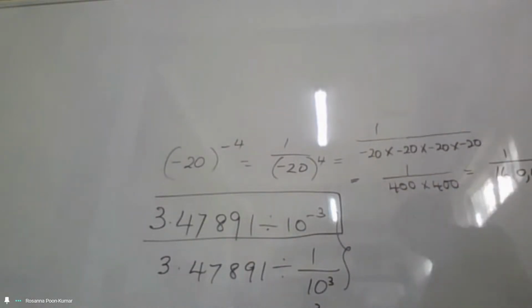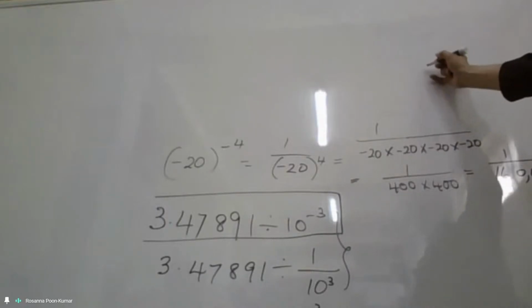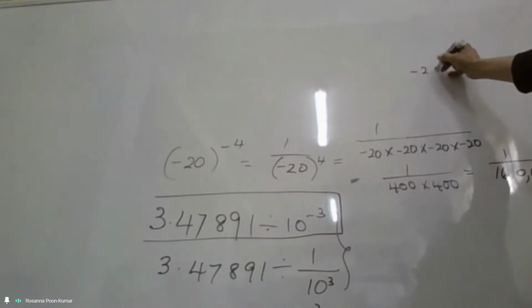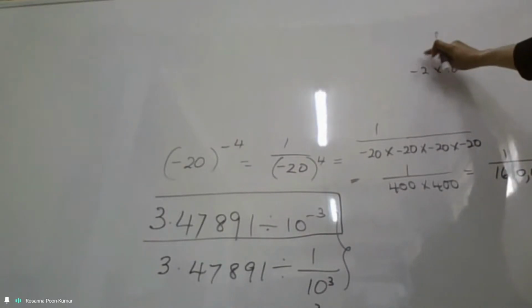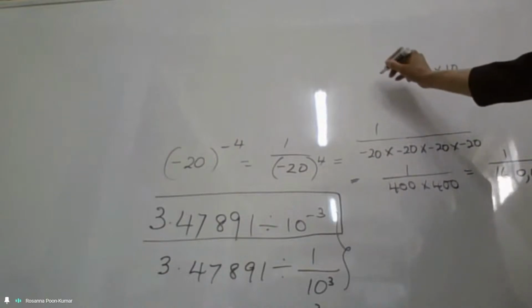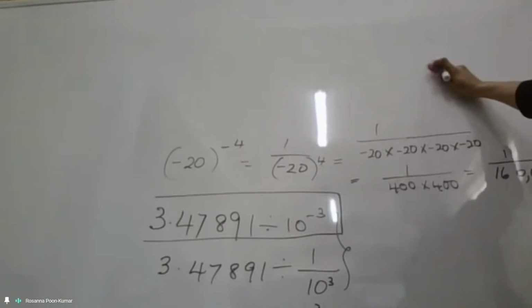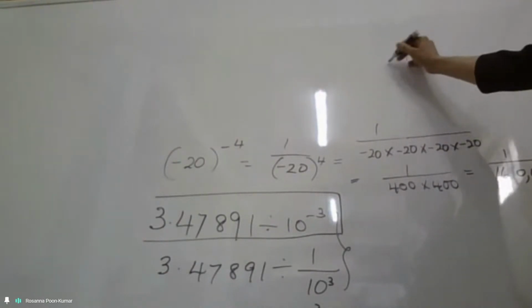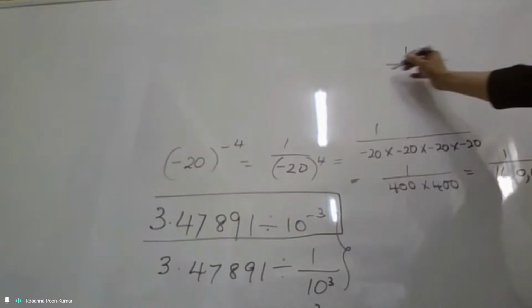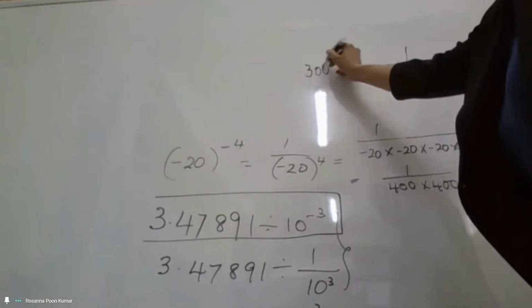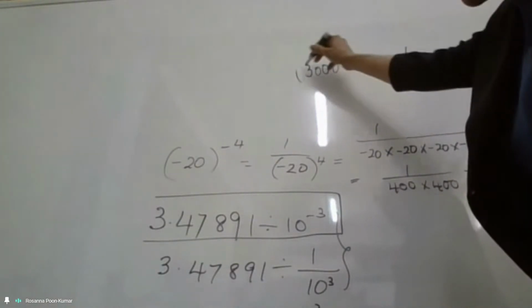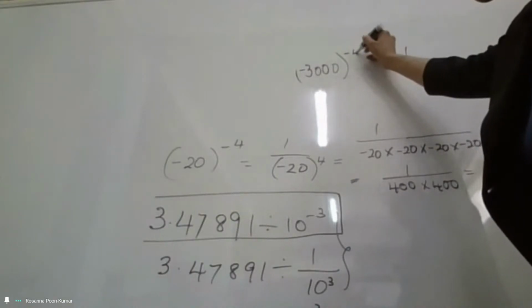If it's a larger number, how would you do the negative 20 by negative 20? If it's a large number, well, you'll have to bring it to standard form. So negative 20 is negative 2 times 10 to the power of 1. Suppose it's negative 3,000 to the power of negative 4.